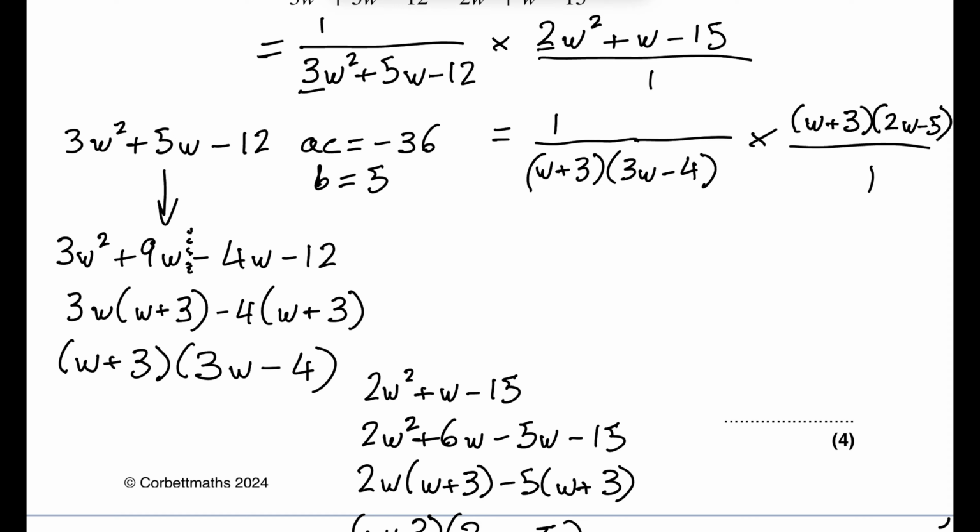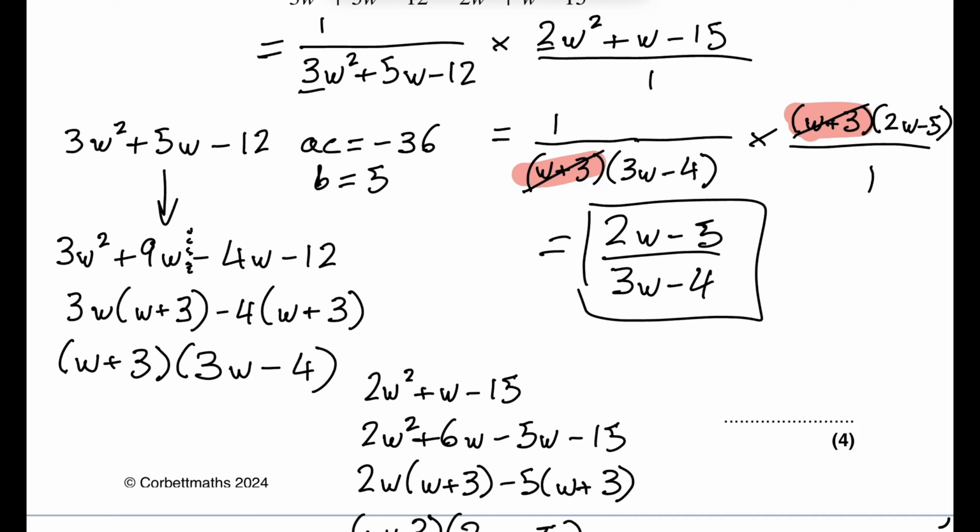Now, again, because we're doing our fraction multiplication, if I multiply these, I've got a factor of w plus 3 on my denominator here and on my numerator here. So I can cancel them out, and I end up with 2w minus 5 as my numerator and 3w minus 4 as my denominator. So there's my final answer.